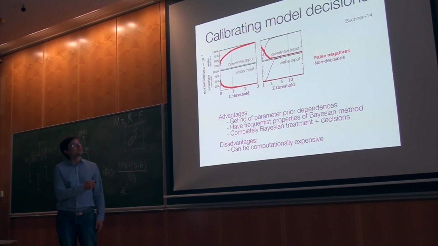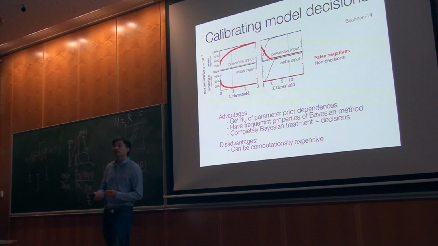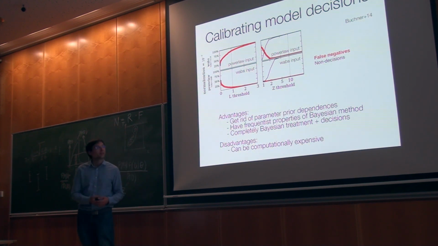So you quantified how many times you would falsely choose something. But internally, it's a fully Bayesian treatment. The disadvantage is that you have a lot of data sets and you have to compute the integral over all of your parameter space. And that can be computationally expensive, especially if you generate thousands of data sets.